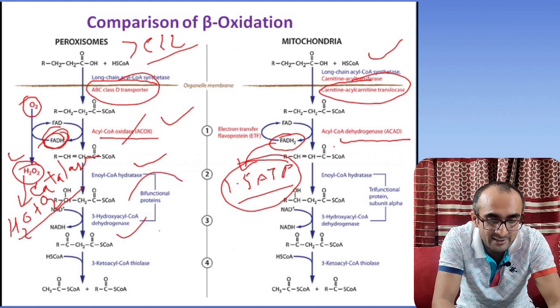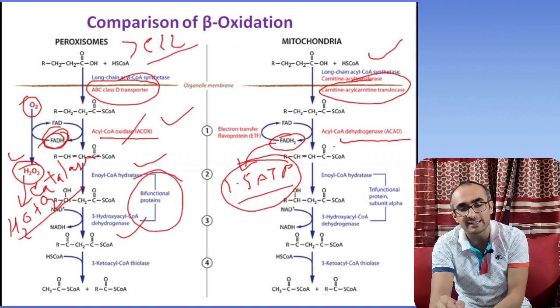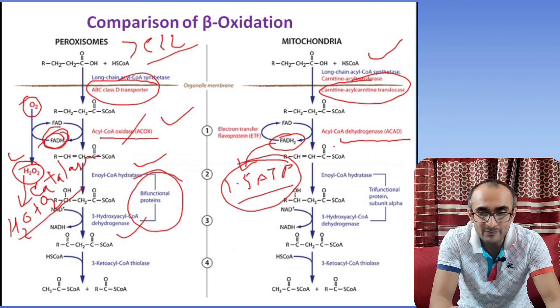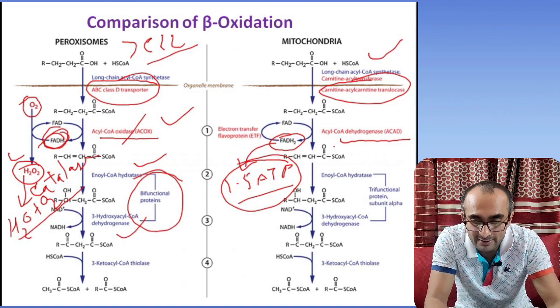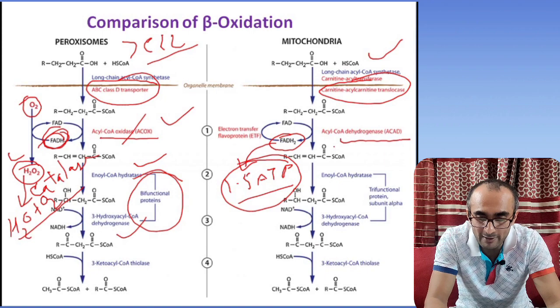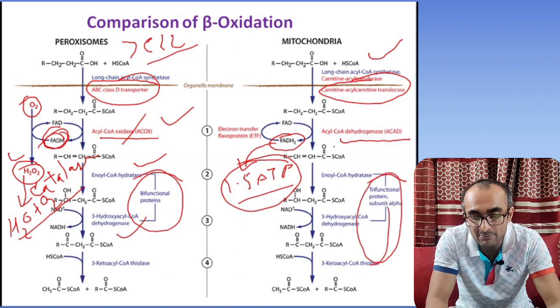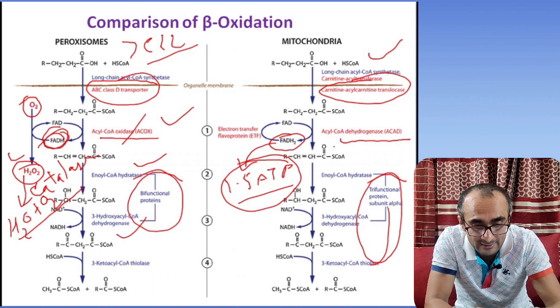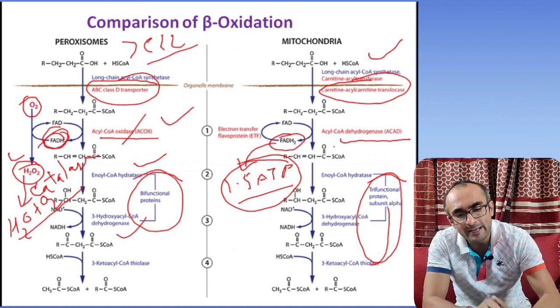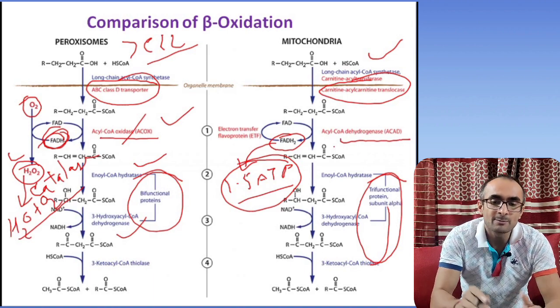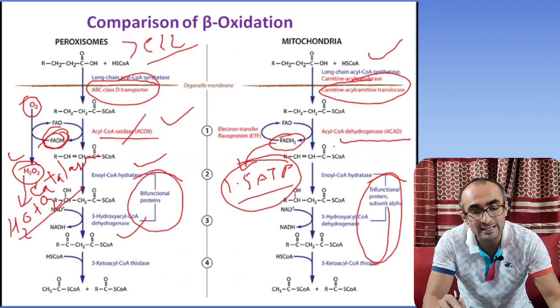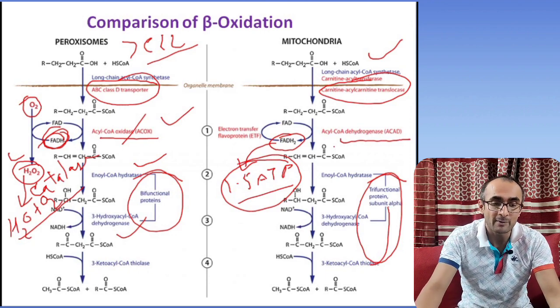These two enzymes are present in the form of a bifunctional protein, whereas in mitochondria there are 3 enzymes, in fact, and these 3 enzymes form a trifunctional protein. So these are 4 major differences in beta oxidation reactions which take place in peroxisomes and mitochondria.